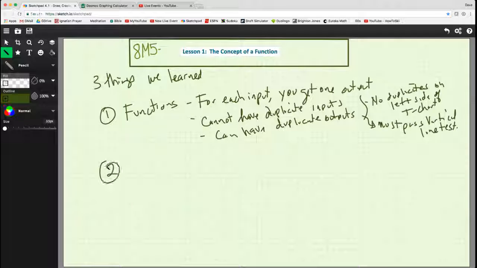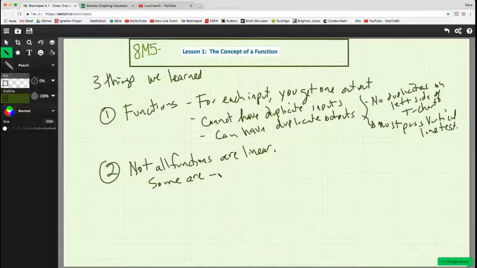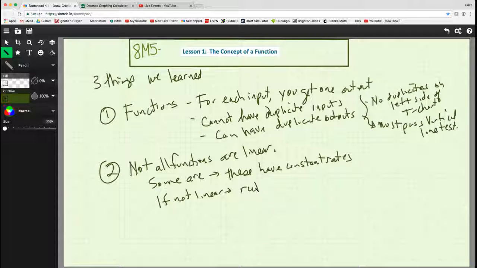Okay, the second thing we learned is that not all functions are linear. Not all functions are linear, some are. And these have constant rates. If not linear, the rates change.